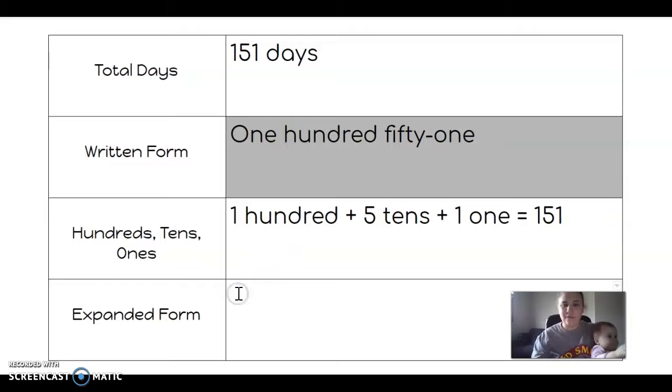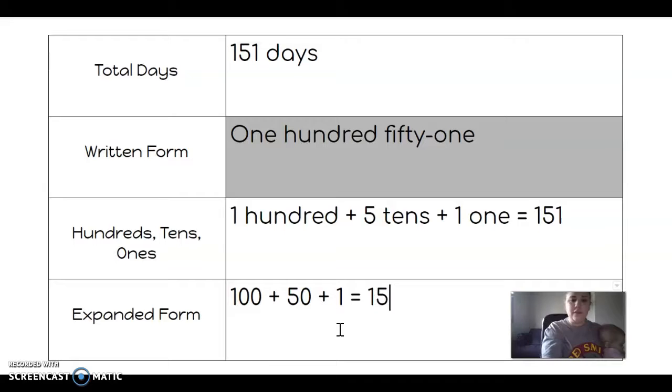And expanded form, that's going to be your job today. You are going to make an equation. I'm going to write the expanded form, but it's going to be your job to write an equation. You can do the expanded form or you can do another one. So our expanded form is 100 plus 50 plus 1 equals 151.